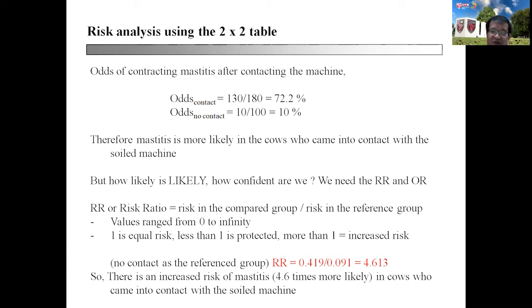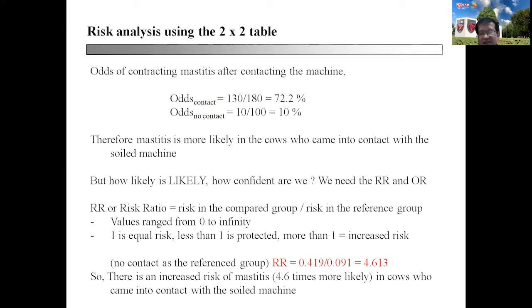When we talk about odds, as I've mentioned just now, odds tend to overestimate risks. It is also the point whereby a lot of popular media and newspapers tend to report odds, and odds is typically reported in scientific reports. Why? Because it denotes something that has already happened. So in this case, the odds of contracting disease after contacting the machine will be 130 divided by 180 instead of 310 as reported earlier in risk.